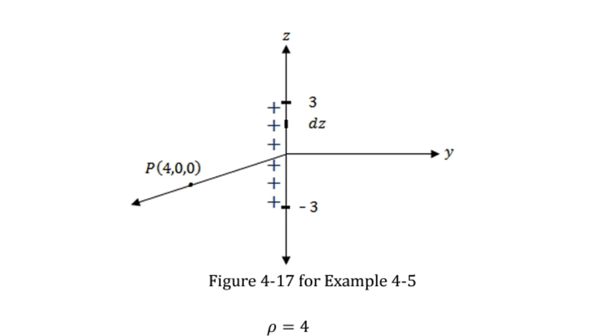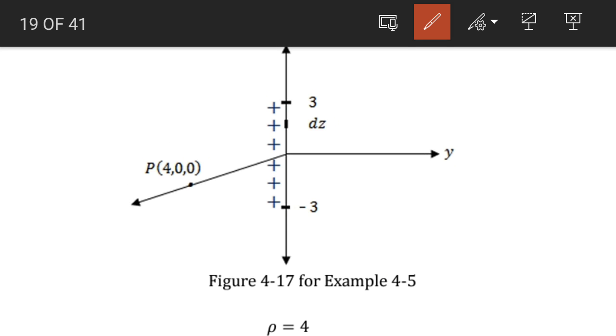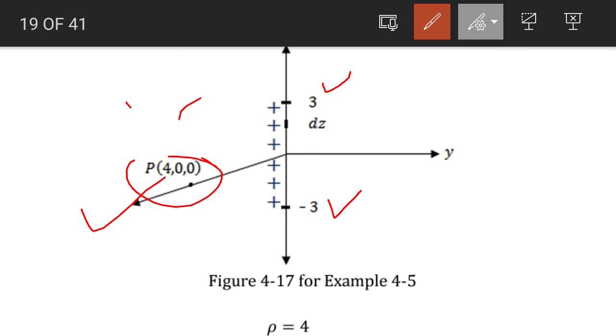You see, this line charge is extending from z is equal to -3 to z is equal to 3, right? The point under observation is located on the x-axis, and this point is 400.